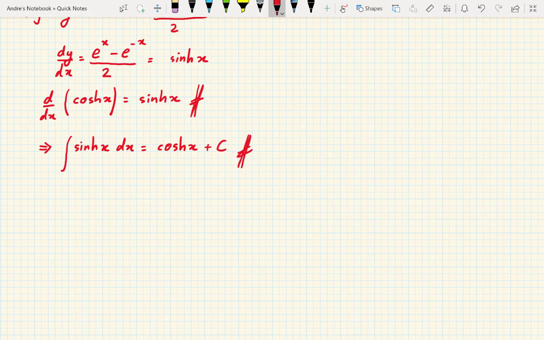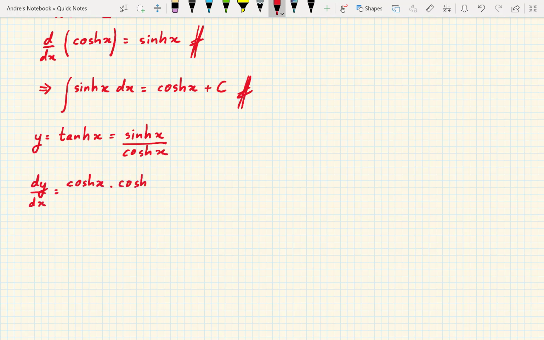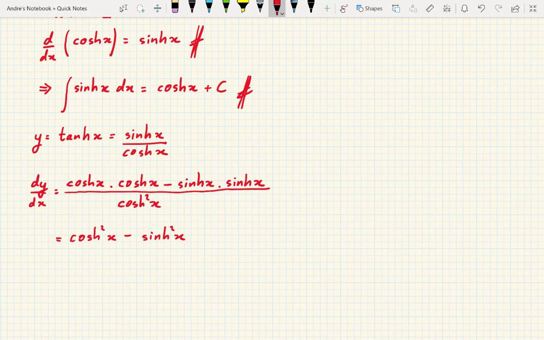How about tanh x? Well, tanh x is, by definition, sinh x over cosh x. We can differentiate this using the quotient rule: bottom times differential of top minus top times differential of the bottom, over the bottom squared. In this case, it's cosh x times cosh x minus sinh x times sinh x, over cosh squared x.